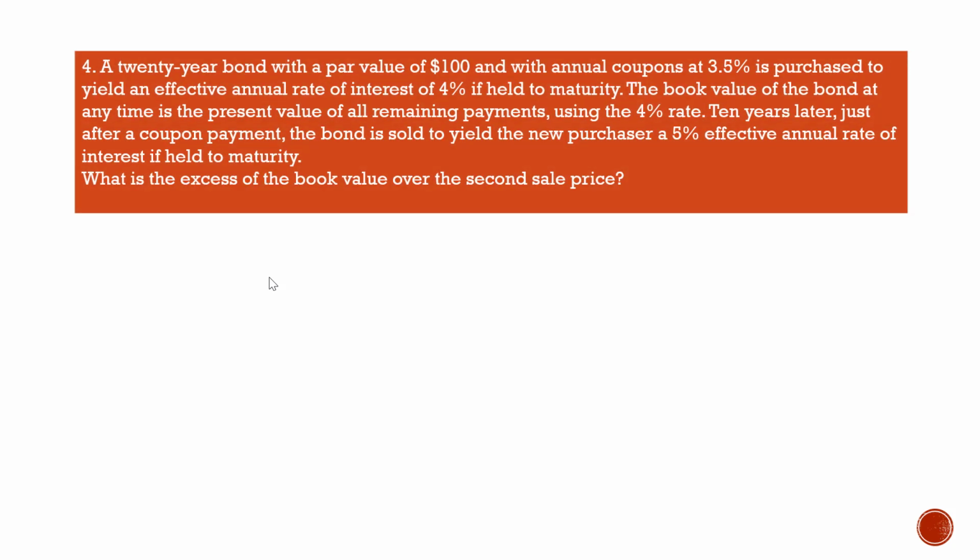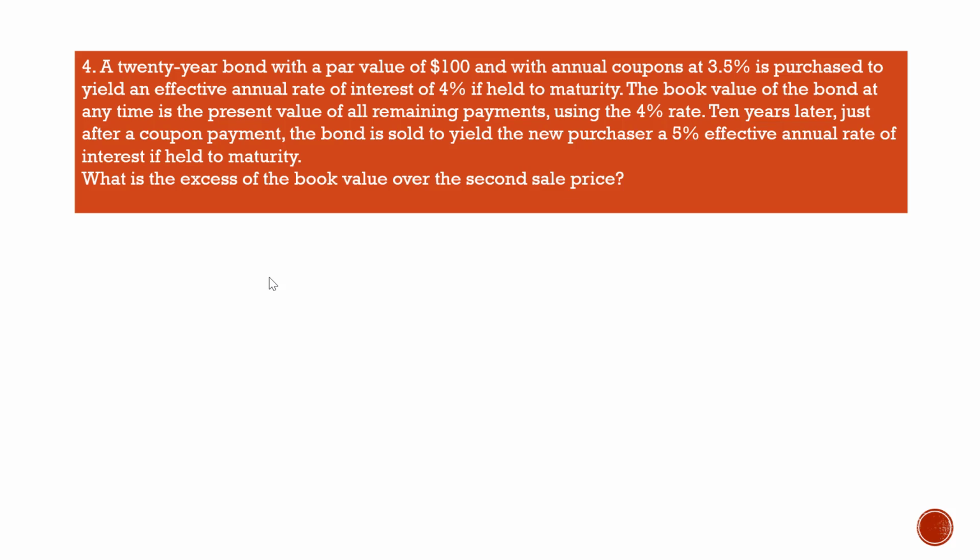Problem number 4. A 20-year bond with a par value of 100 with annual coupons at 3.5% is purchased to yield an effective annual rate of interest of 4% if held to maturity.